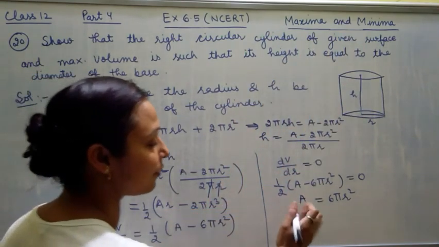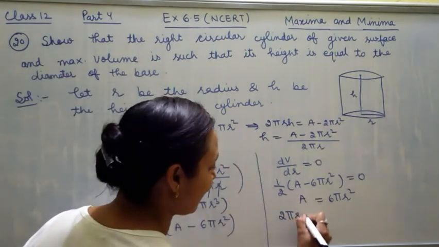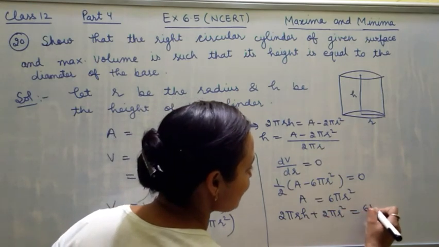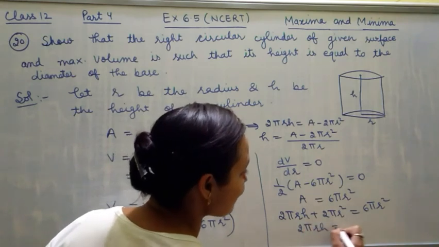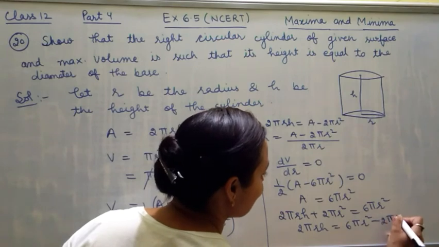For this I will put the value of A. A is equal to 2 pi r h plus 2 pi r square, which is equal to 6 pi r square. So 2 pi r h is equal to 6 pi r square minus 2 pi r square.